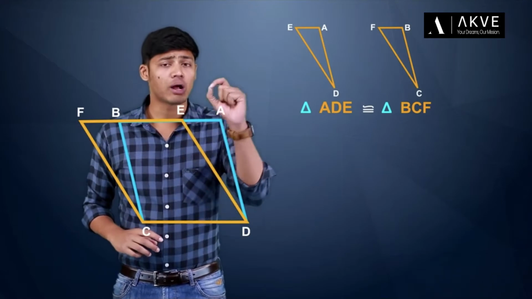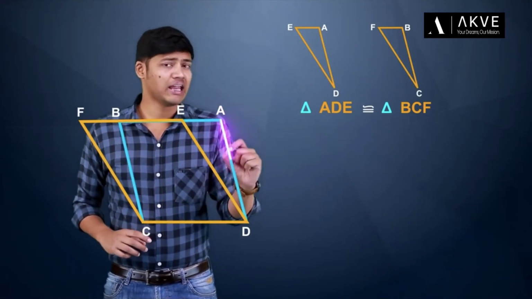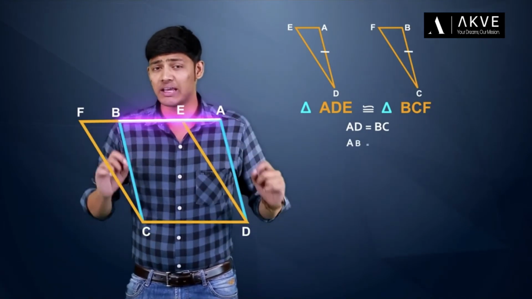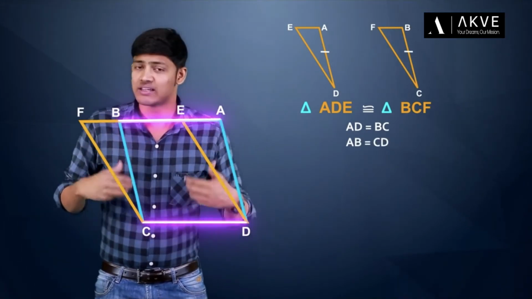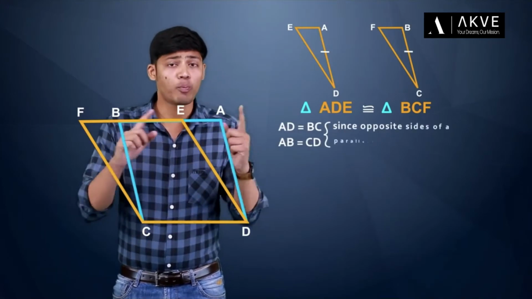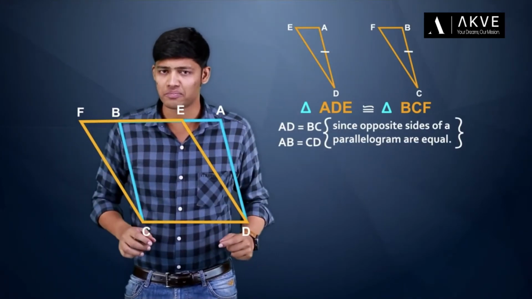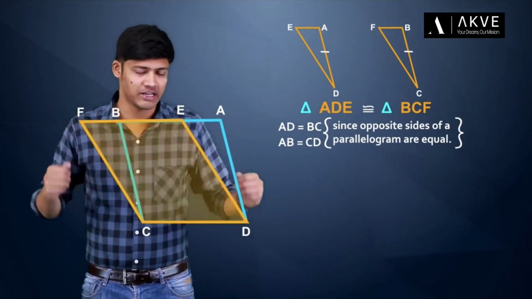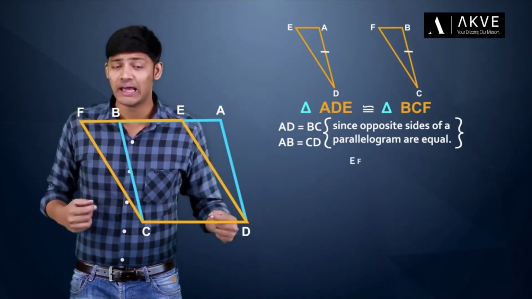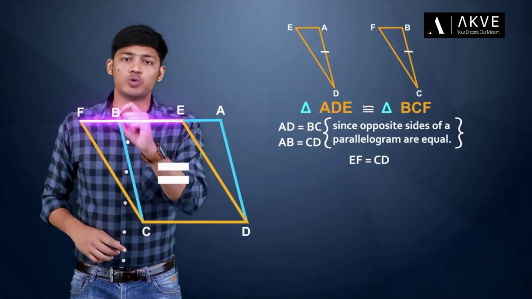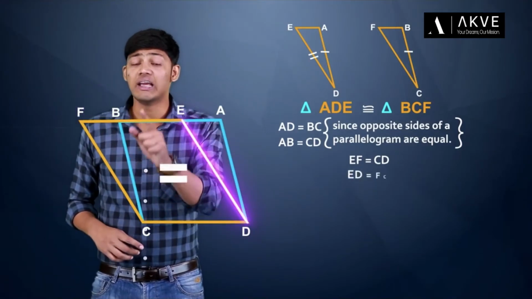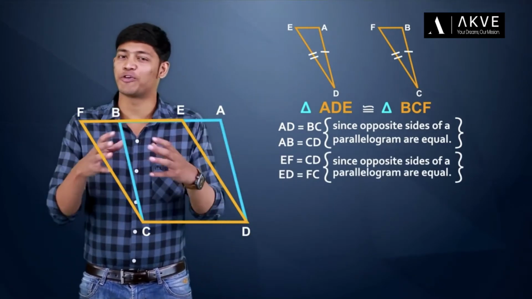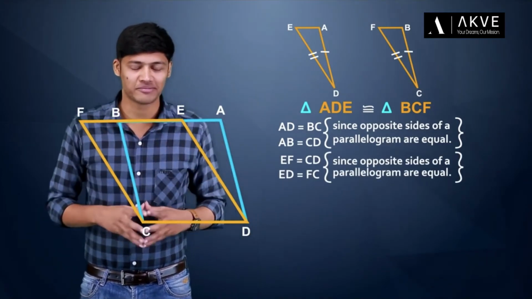In the parallelogram ABCD, AD is equal to BC and AB is equal to CD, since we know that opposite sides of a parallelogram are equal. Now, in the parallelogram EFCD, we can conclude that EF is equal to CD and ED is equal to FC, since the opposite sides of a parallelogram must be equal.